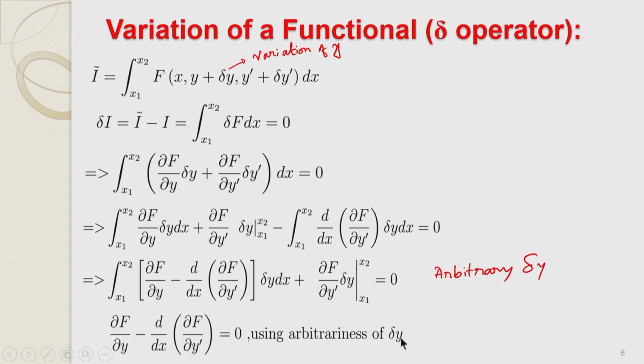Using this arbitrariness, we can write this equation to be 0. So, this is the Euler-Lagrange equation. Here we use this delta operator to derive this Euler-Lagrange equation.